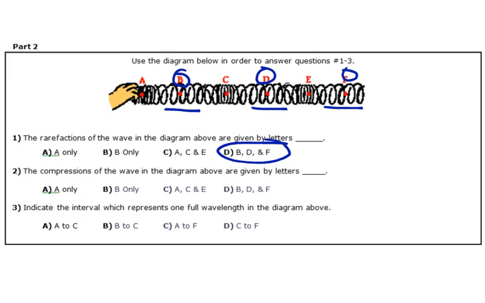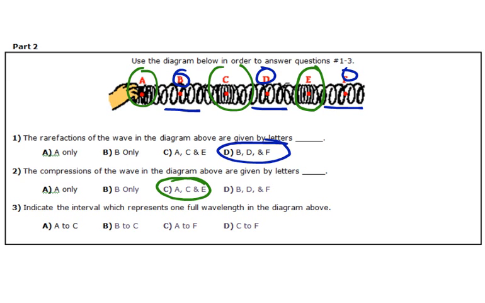The compressions are the parts of a longitudinal wave where the molecules are pushed together. So you're looking for bunched up areas. That would be E, C, and A. So E, C, and A would be choice C.